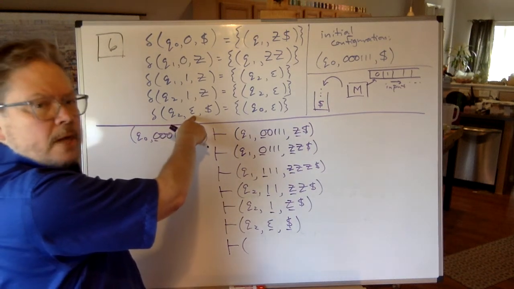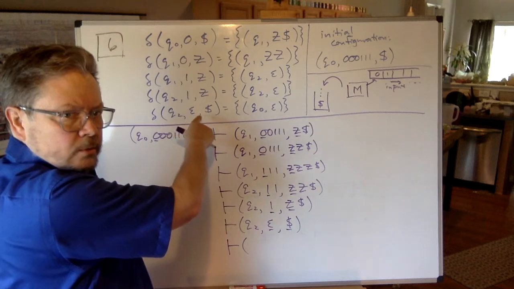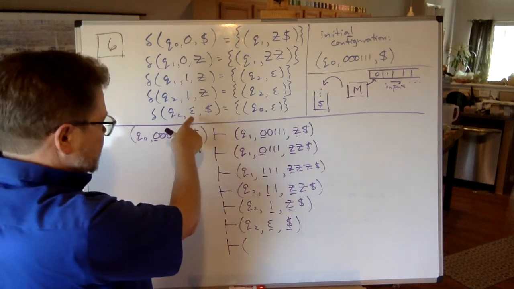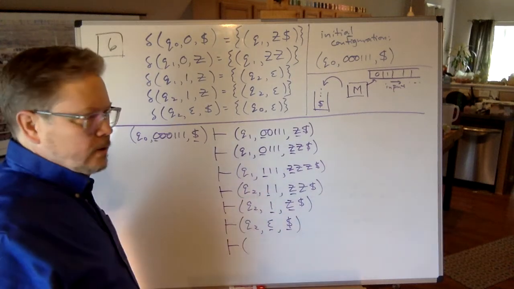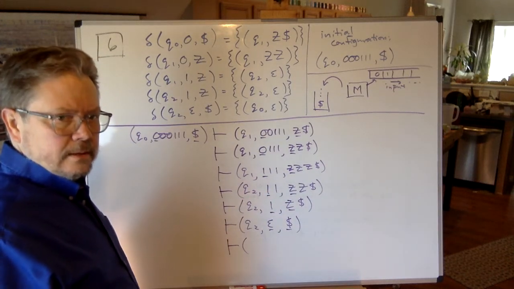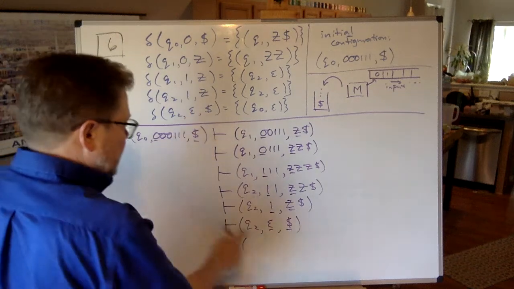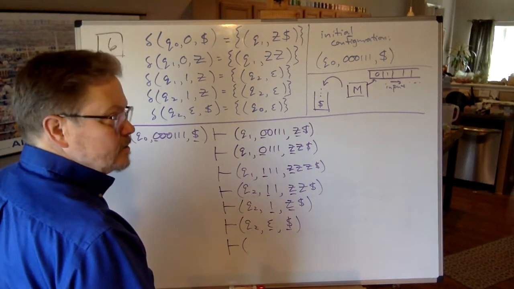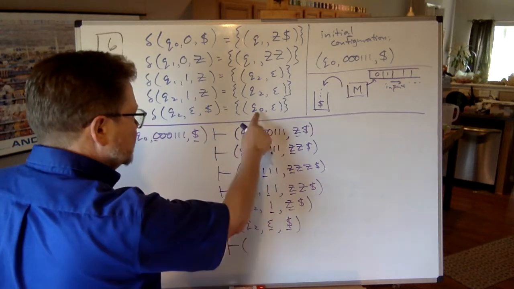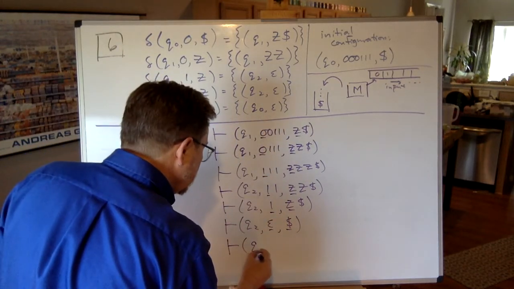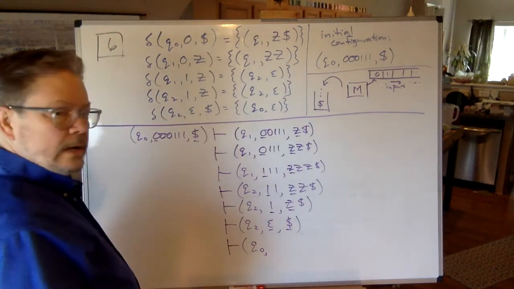This is called a spontaneous transition, which is the fancy way to say, I'm going to make a transition even though I don't consume any input at all. It's the equivalent of an epsilon arrow. So I'm not eating up any input symbol, which is a good thing. There's not any input left. But if I see the $ on top of the stack, then I can go back to Q0, my one and only final state.